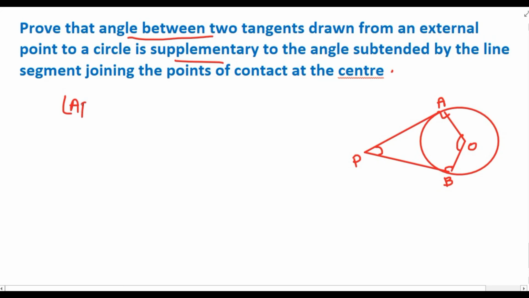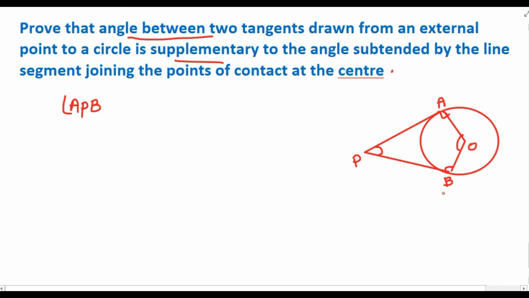So APB is actually the angle between the tangents, and it is supplementary to the angle subtended by the line segment joining the points of contact at the center. So this is the line segment joining the center and the point of contact.